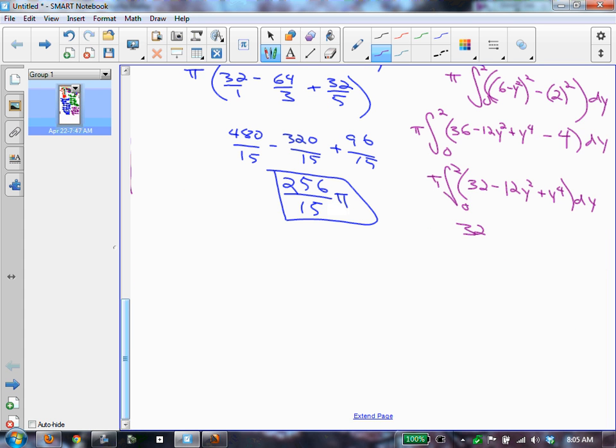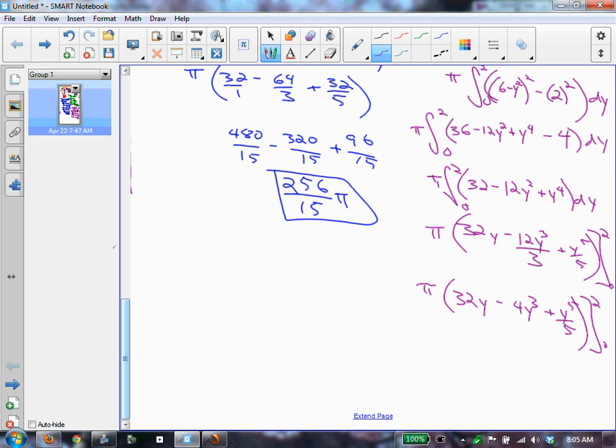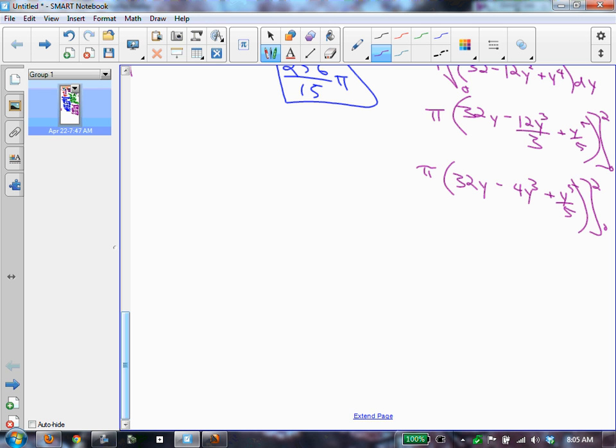Integrating is the easy part. 32y minus 12y to the 3rd over 3 plus y to the 5th over 5. Still got a pi out here. Evaluating from 0 to 2. I can simplify in there a little bit. 32y minus 4y cubed plus y to the 5th over 5 from 0 to 2. All right, let's plug things in.